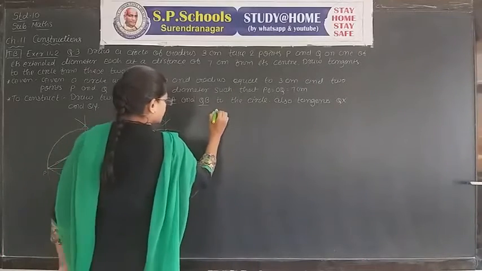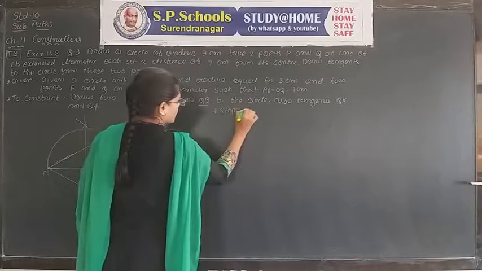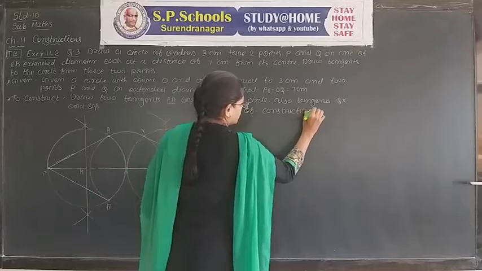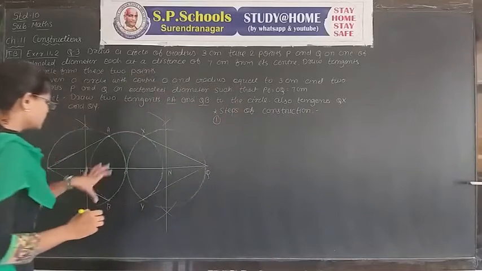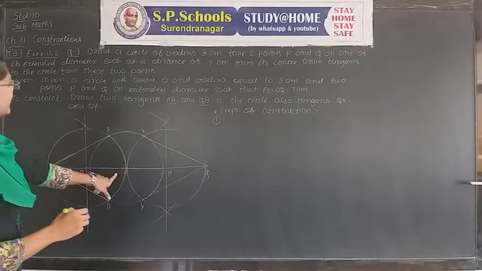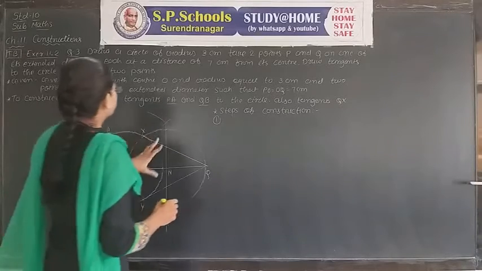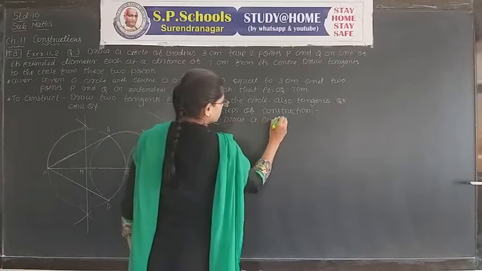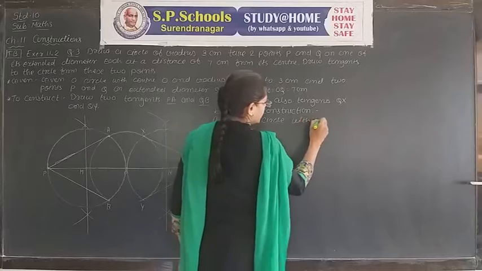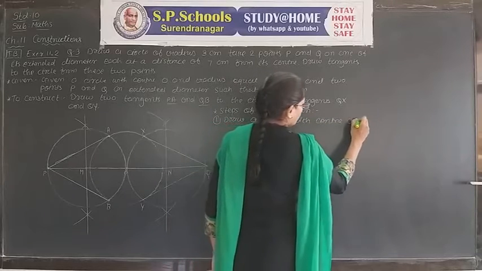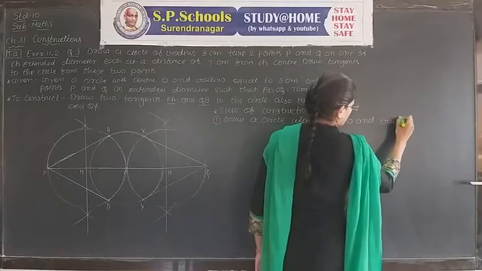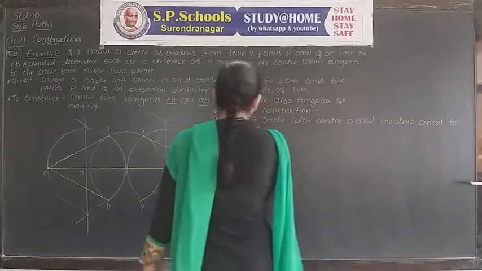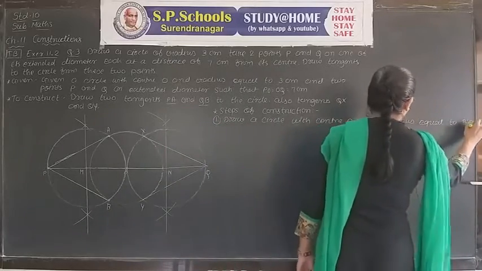Now we discuss the steps of construction. The first step is to draw a circle with center O and radius equal to 3 centimeters.